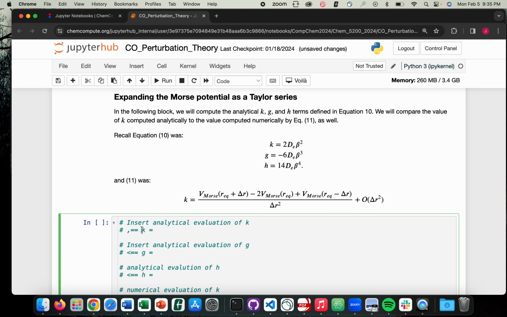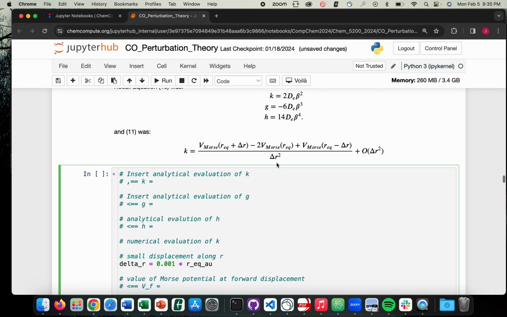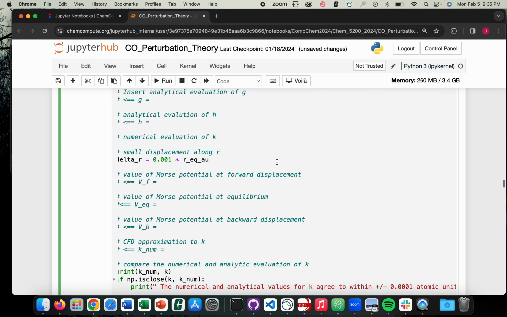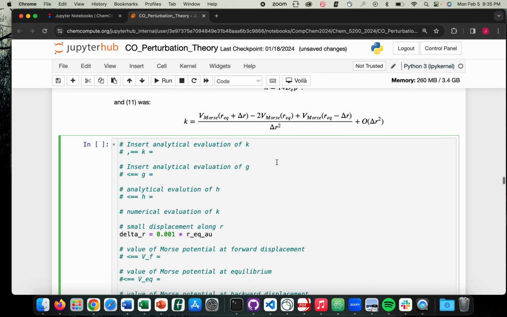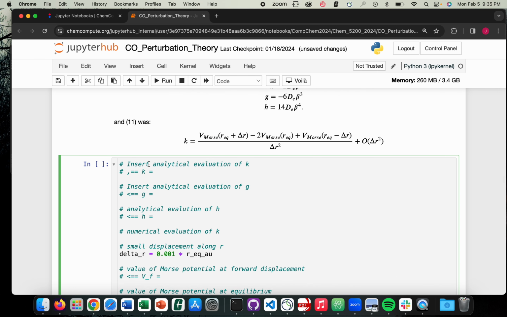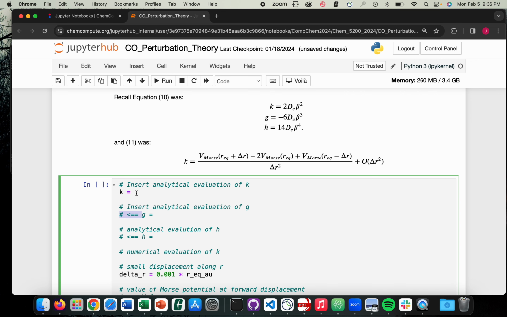So I'm just going to use these expressions and define these terms in atomic units, right? In fact, I'm going to simply find these lines here. They have these little comments that point to the variable I'm supposed to assign, and then I'm going to delete the comment and assign the variable.